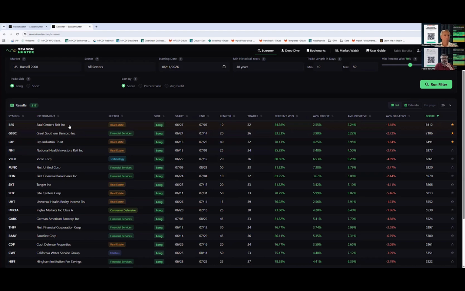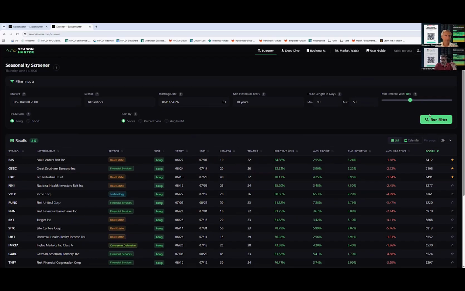One thing I want to mention, Giovanni, this is something interesting. You are scanning the Russell 2000. You know how many tickers there are, and we are scanning thousands and thousands of different trades among all the Russell 2000.